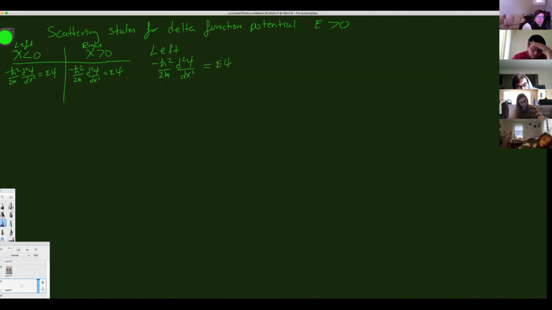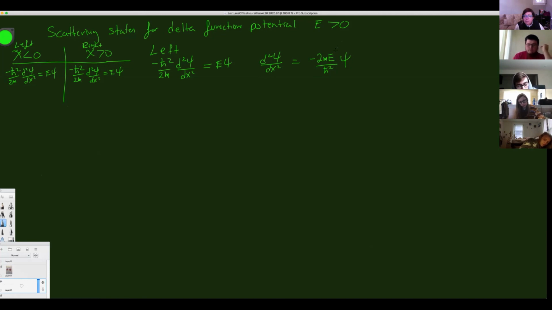And I'm going to pull all this stuff over like I always do. And so this is d squared psi dx squared is equal to minus 2mE over h bar squared psi.